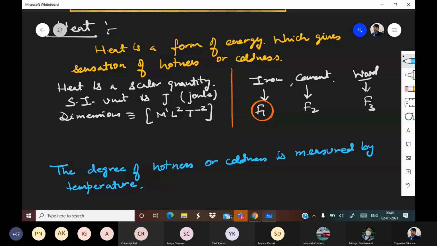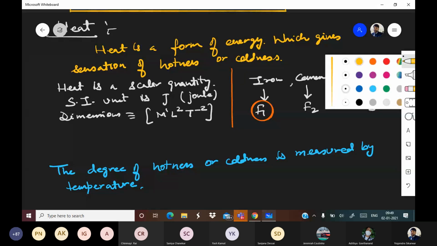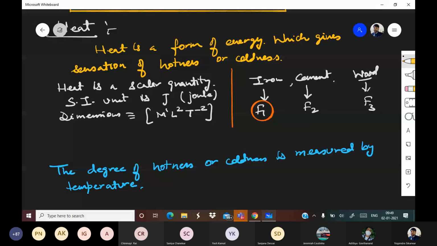So as we saw that our senses can be deceptive, to rectify that, we defined another important physical quantity, and that physical quantity is called temperature. And what exactly is temperature? The degree of hotness or coldness of anything is measured by temperature.